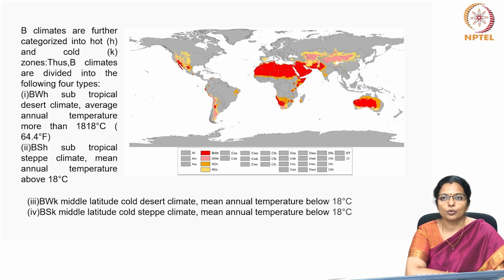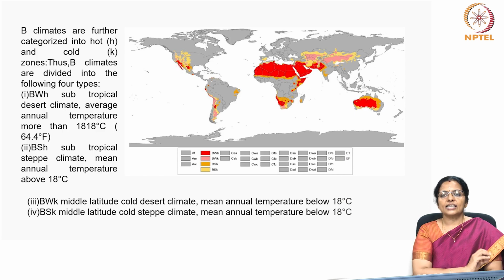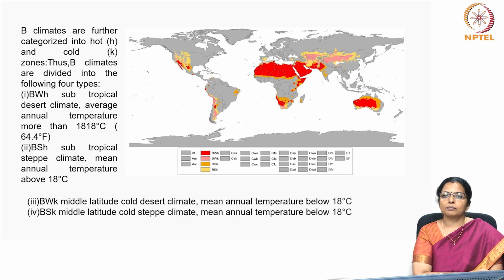Moving to the cold zones, you have the BWK, which denotes the mid-latitude cold desert climate. This is characterized by mean annual temperatures below 18 degrees Celsius. Lastly, BSK refers to the mid-latitude cold steppe climate, where the mean annual temperature remains below 18 degrees Celsius. Understanding these subcategories helps us grasp the diversity within dry climates.